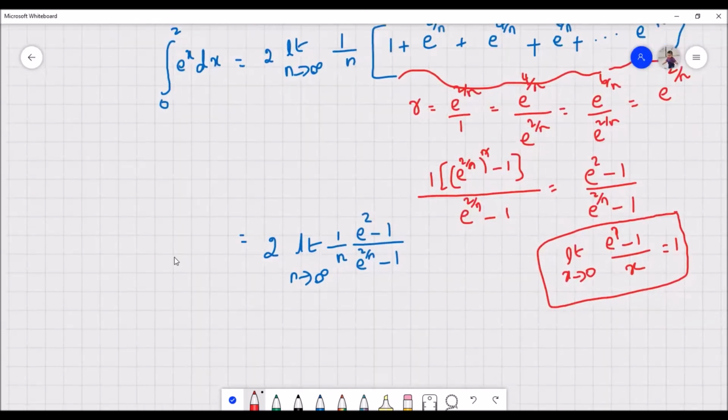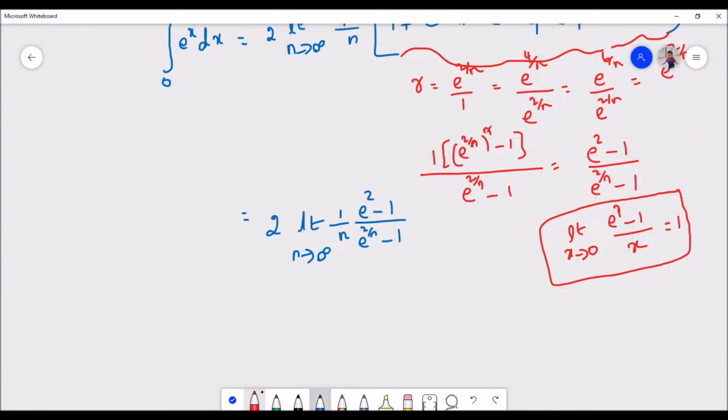So I'm trying to bring these terms to that formula. Let me do one small substitution here. We replace 1 by n as x. As n approaches infinity, 1 by n approaches 0, which implies x approaches 0.